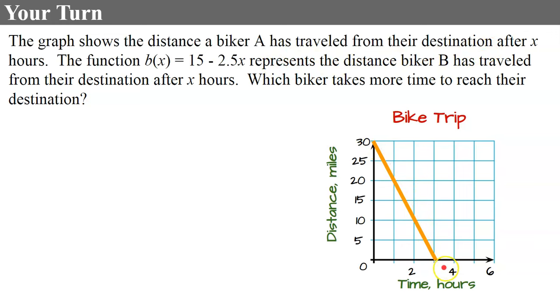So this function, this line, a linear function, is representing biker A. Then you are given an equation or a function for biker B, named function B. And this represents the distance that biker B has traveled from their destination after x hours. So once again, you're being asked to compare a graphed function to a function rule or an equation of a function.